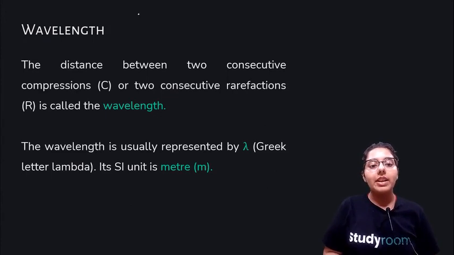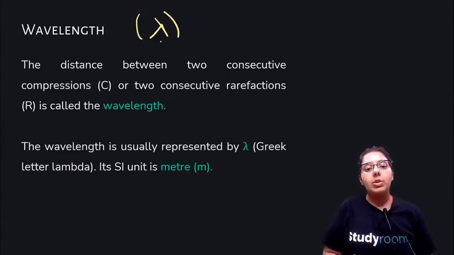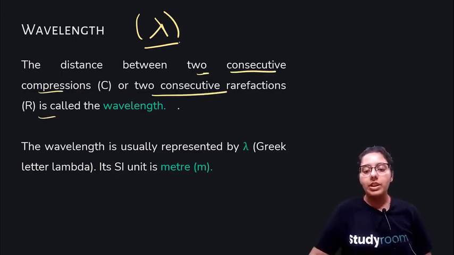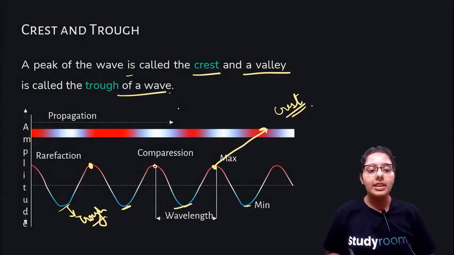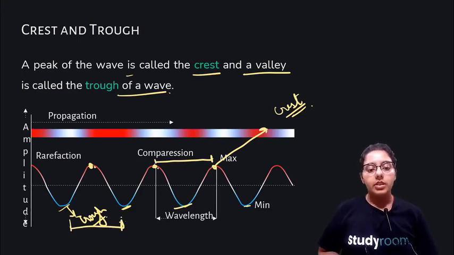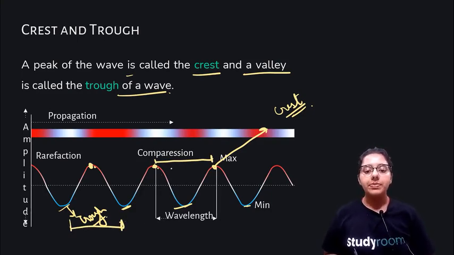Wavelength. What is wavelength? We denote wavelength with lambda, okay? The distance between two consecutive compressions or two consecutive rarefactions is called the wavelength. Just like in this, from here to here, the distance between two consecutive compressions, or two consecutive rarefactions, is called wavelength.